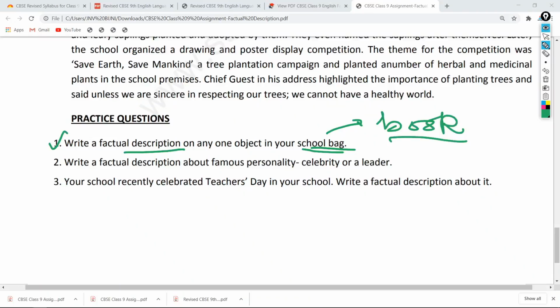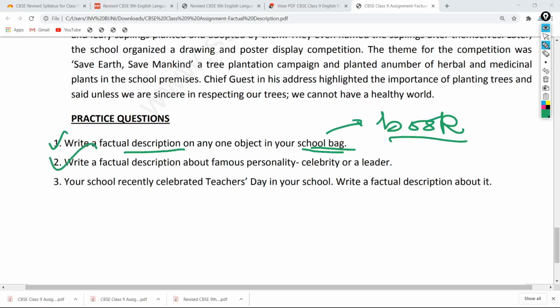Suppose you start with a very important line: the books are my never-failing friends. Then the line will be very attractive. Then you go on talking about the book. Books are the storehouse of knowledge. This knowledge is the accumulated knowledge of the people of the past. In this manner, you are going to describe the book.